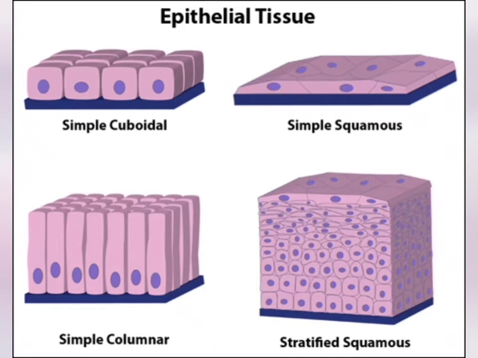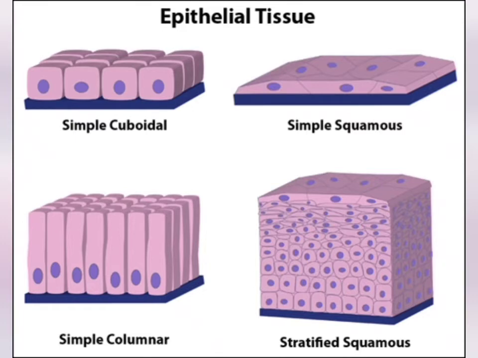On the basis of the cell shape, it will be classified into 3 types: squamous epithelium, cuboidal epithelium and columnar epithelium. Okay, so you can see simple cuboidal means simple, that means cells are arranged in a single row fashion and all the cells are looking cuboidal.